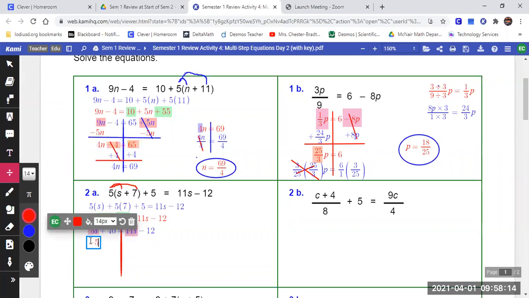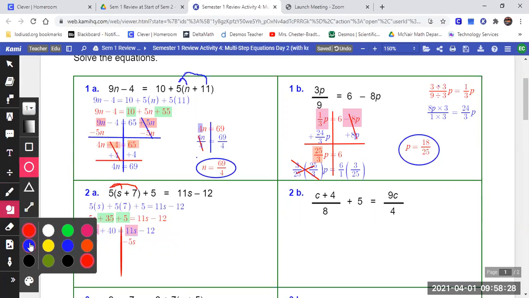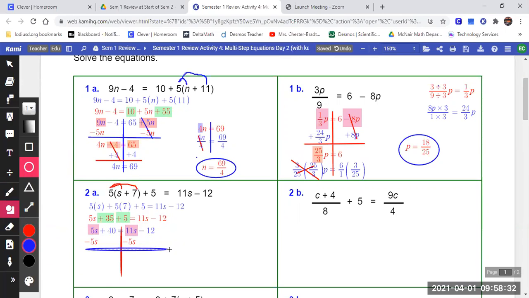So minus 5s from the left to create the 0. That was our goal. And then minus 5s from the right, from the 11s, because it moved there. That moves it from one side to the other by doing the opposite like that. All right, so this is now 0. It is all gone.